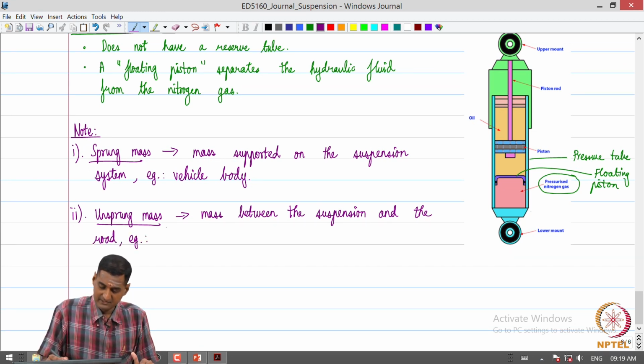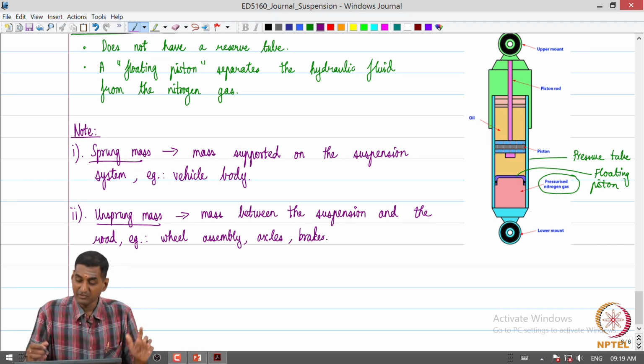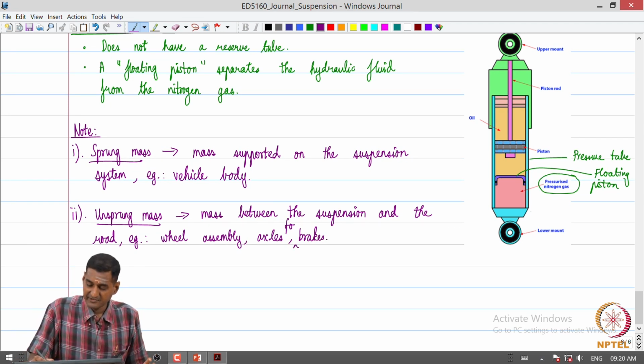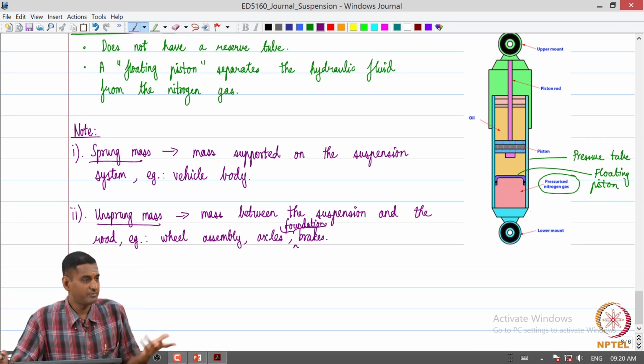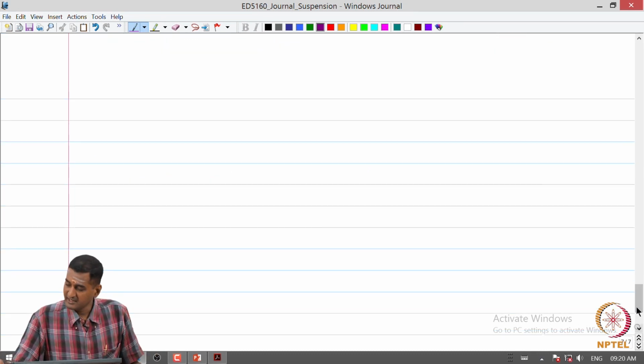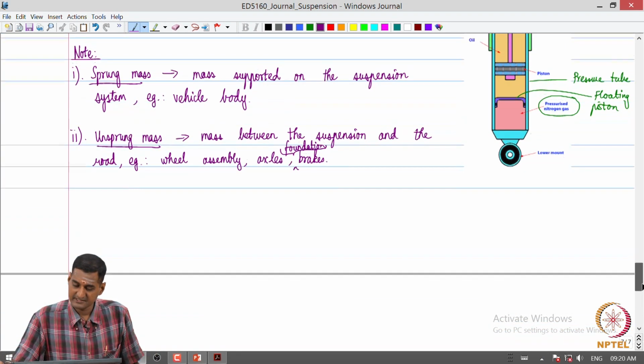For example, the wheel assembly, the axles, the brakes, etc. So, the foundation brakes, the disc brakes and the drum brakes that are mounted in the wheel assembly, all those form part of the unsprung mass, okay.